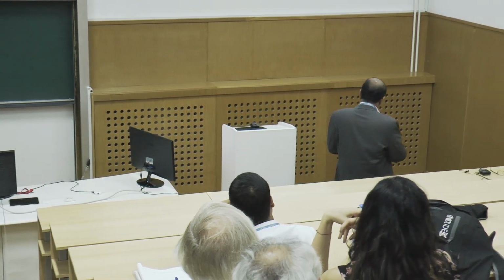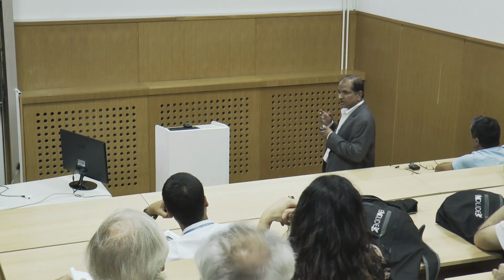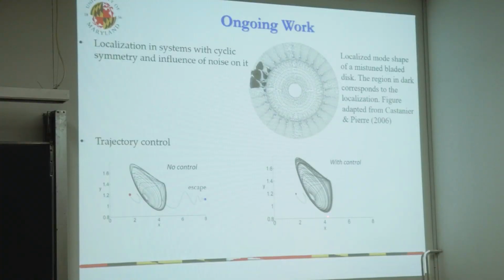In another direction, we're also looking at trajectory control. If I were to work with this cartoon out here, if I imagine my response is in this region, I would like for the response to stay in this region without escaping to another solution. So how can I use noise or some form of input to keep my system within that particular region itself? That's what happens in the case of the control.